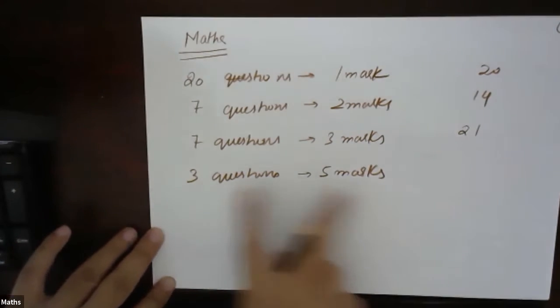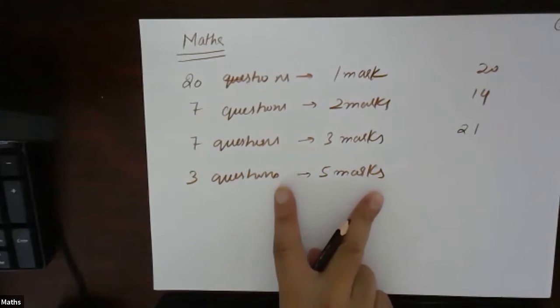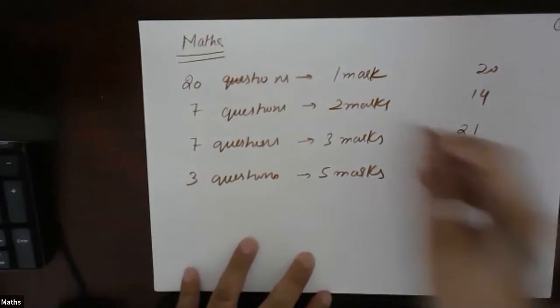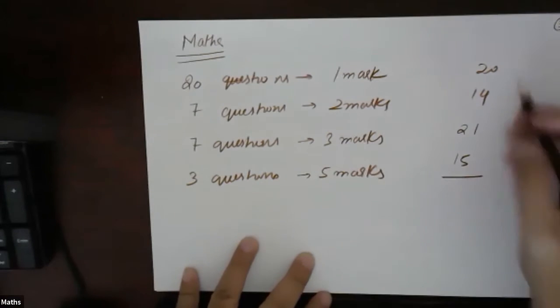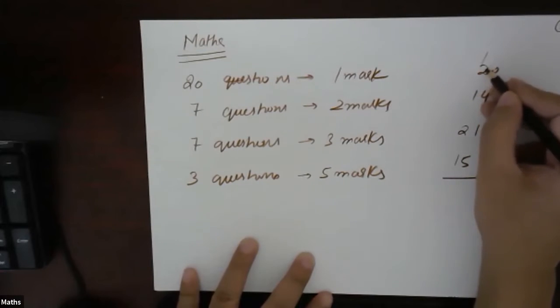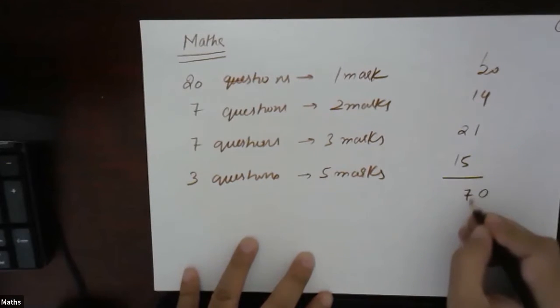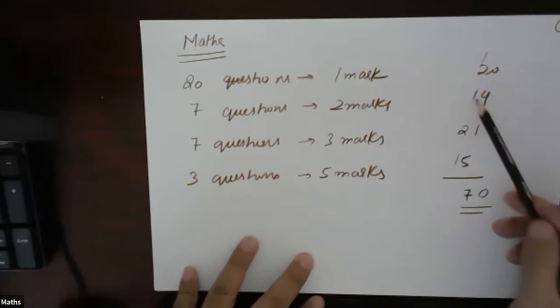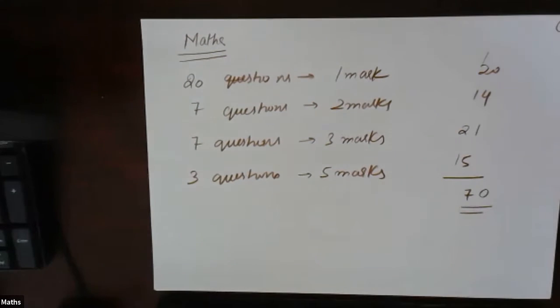In these 3 questions of 5 marks, I think it is, yeah, it is the NCERT test. This week Monday you will have the NCERT test, right? So this will be the total mark distribution. So I think it is 70 marks. Yeah. So total 70 marks, right?